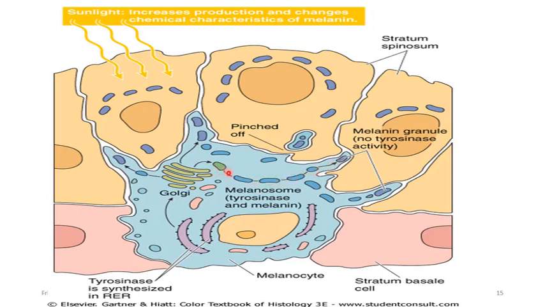First, the tyrosinase acts on tyrosine to convert it into DOPA. Then DOPA polymerizes to form melanin pigment. After that, these are melanin granules.